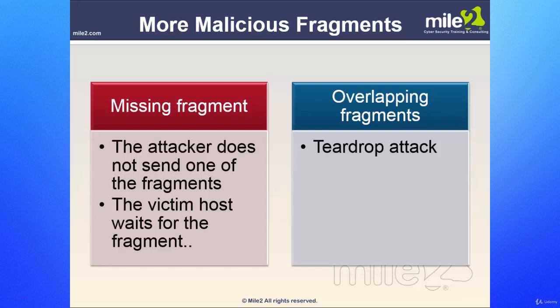So let's say the fragment reassembly timeout is 10 seconds at the IDS and 20 seconds at the target system. The attacker could then send the second fragment 15 seconds after sending the first fragment. What then happens is the IDS will drop the fragment, as the second fragment is received after the reassembly time, but the target system will reassemble the fragments because it has a higher timeout of 20 seconds.